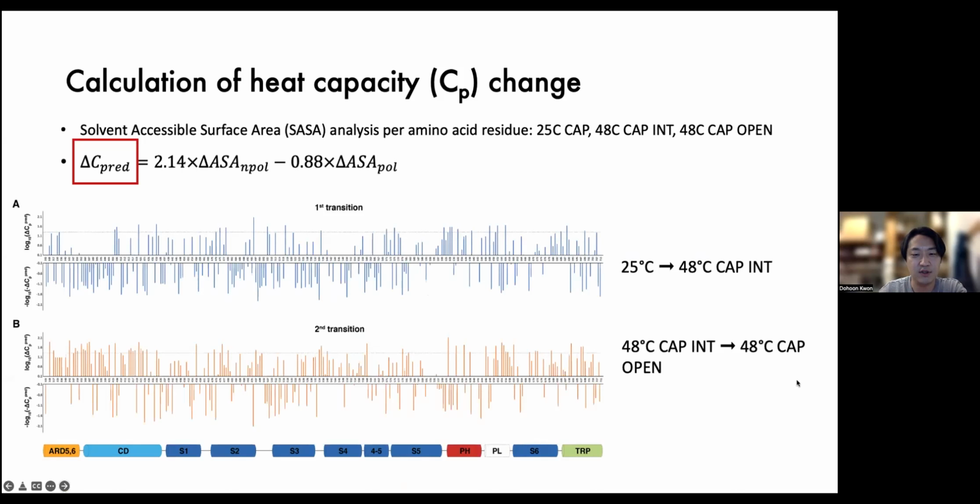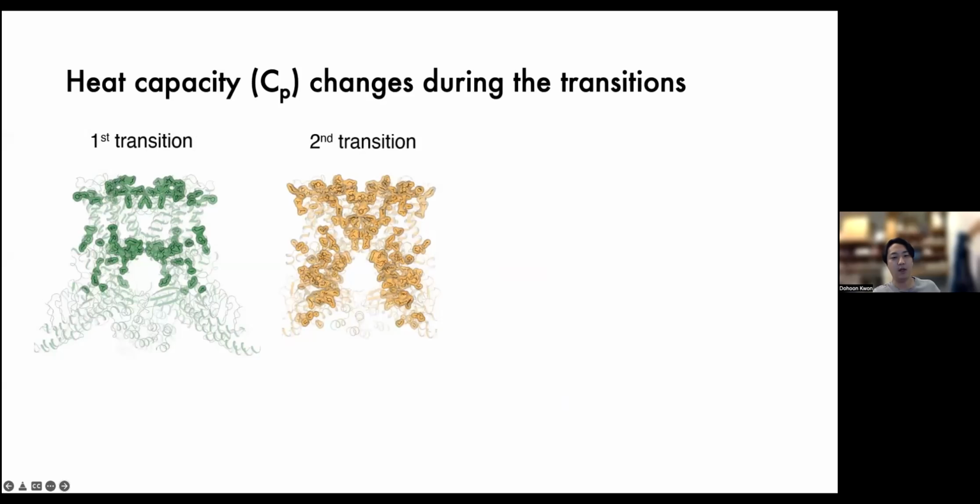This is the first transition, and this is the second transition. This dotted line is the display threshold for the following figure. As you can see in this figure, residues with high delta Cp exist more in the second transition. We mapped those residues with a high delta Cp onto our structure model. This is the first transition, and this is the second transition.